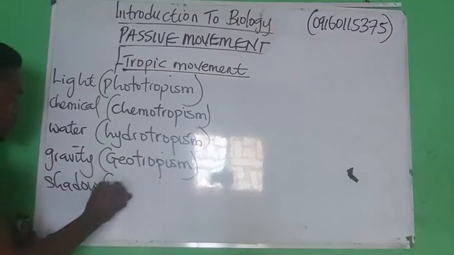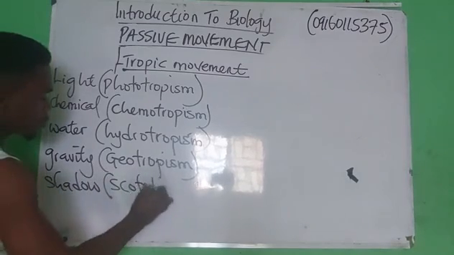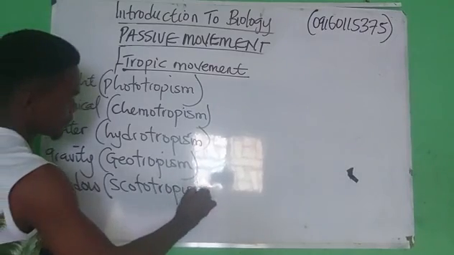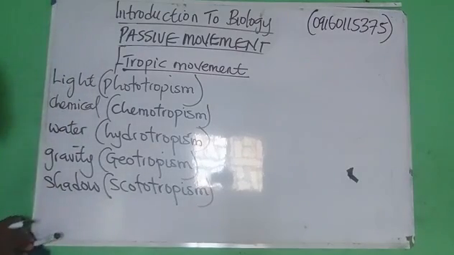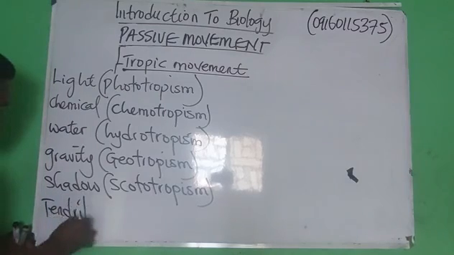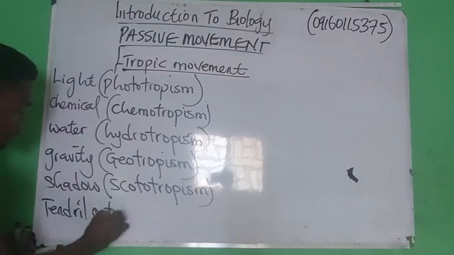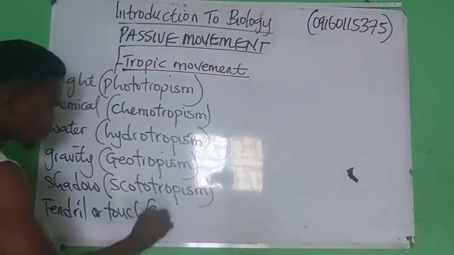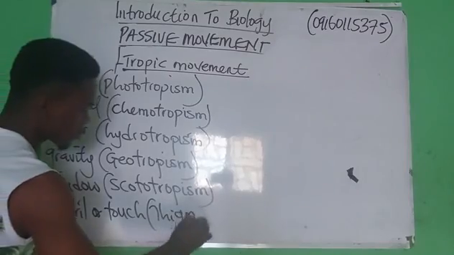Response to shadow is scototropism. Then response to tendril or touch is called thigmotropism. Past question.